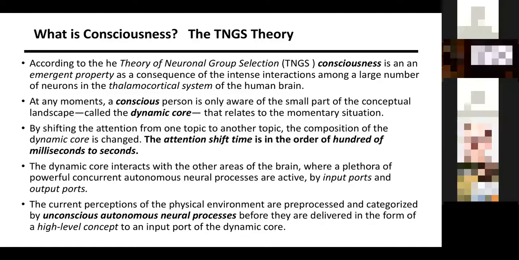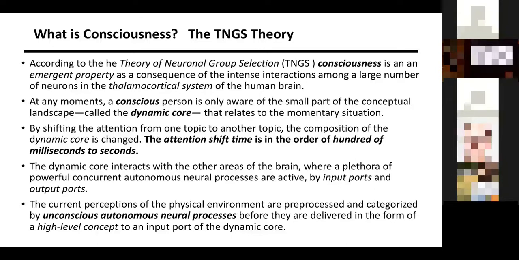And he developed this DNGS model where he said that in our head, a set of neurons, he calls it the dynamic core, which is a small set of all the neurons, but in numbers still a very big set because we have billions of neurons in our head, that interact very intensively, form consciousness in our mind.